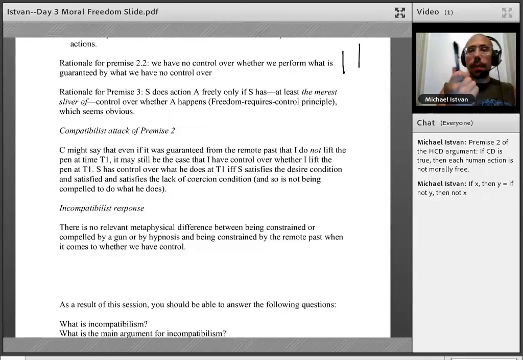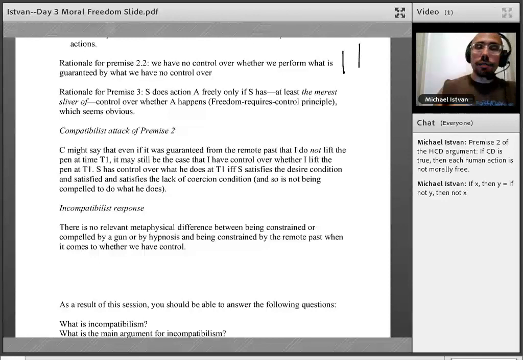Concretely put in terms of my pen, even if it was guaranteed from the remote past, over which I have absolutely no control, that I do not lift the pen at time 1, it might still be the case that I have control over whether I lift the pen at time 1.